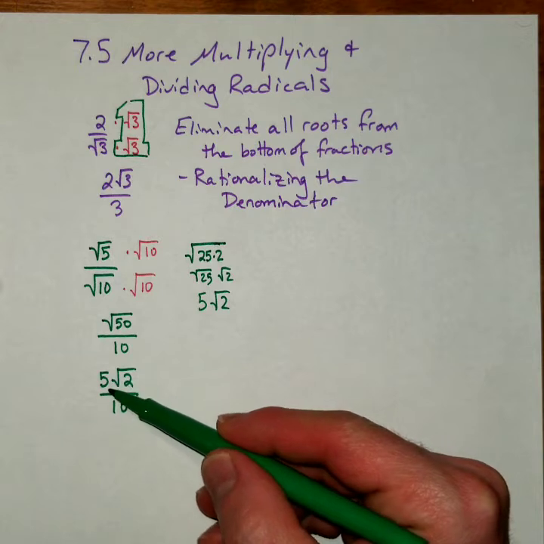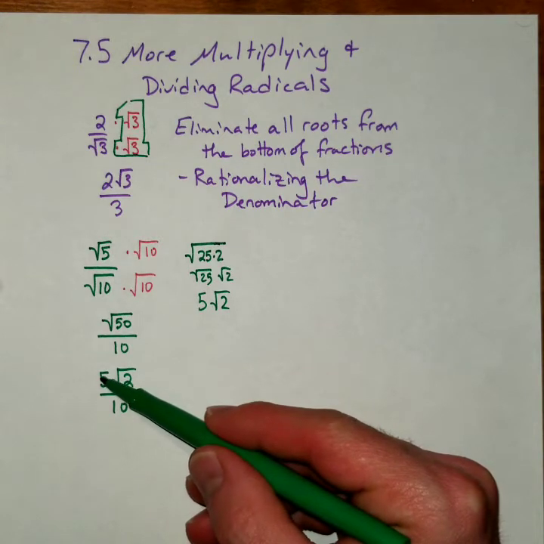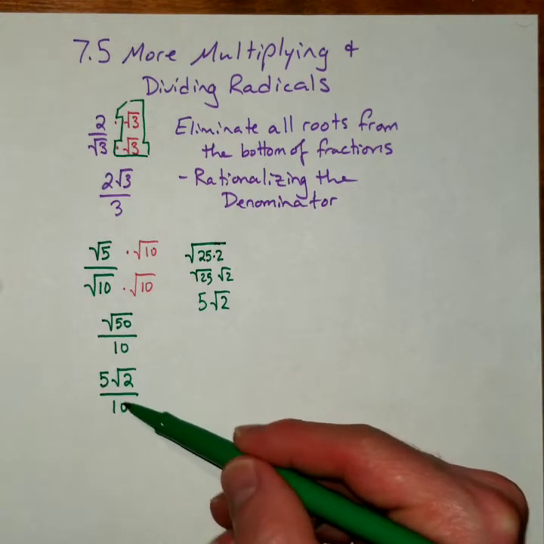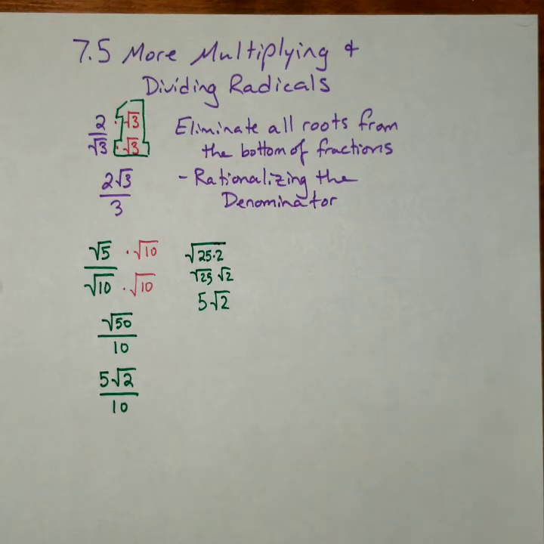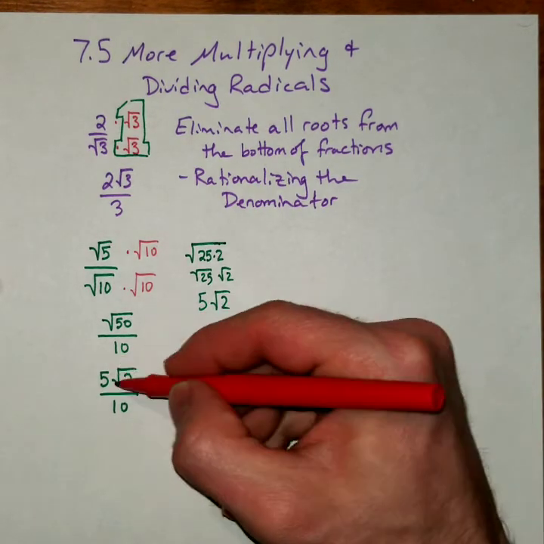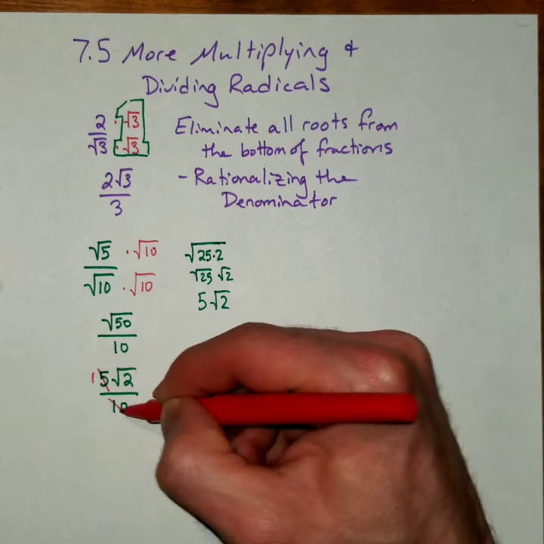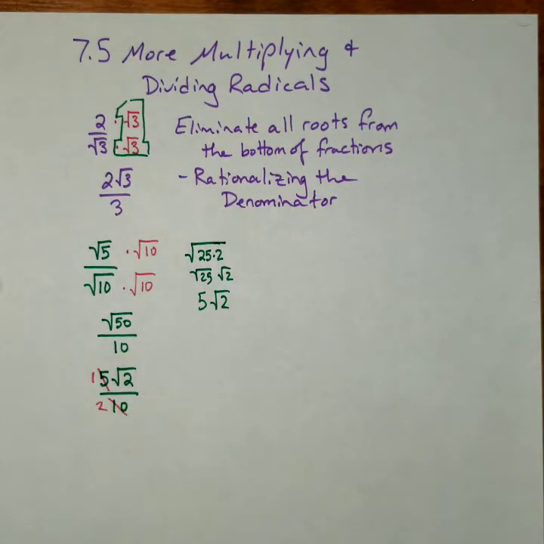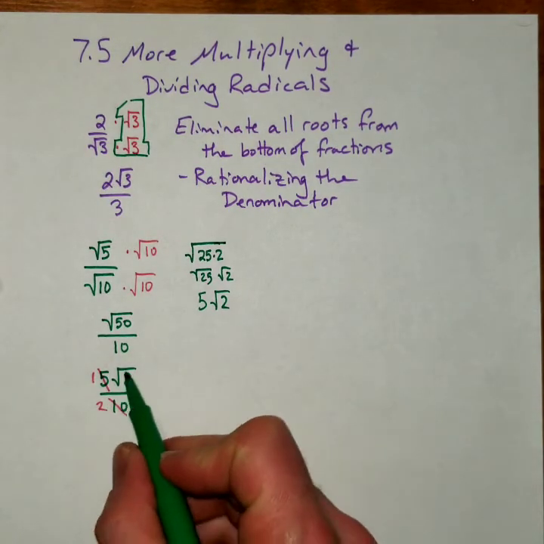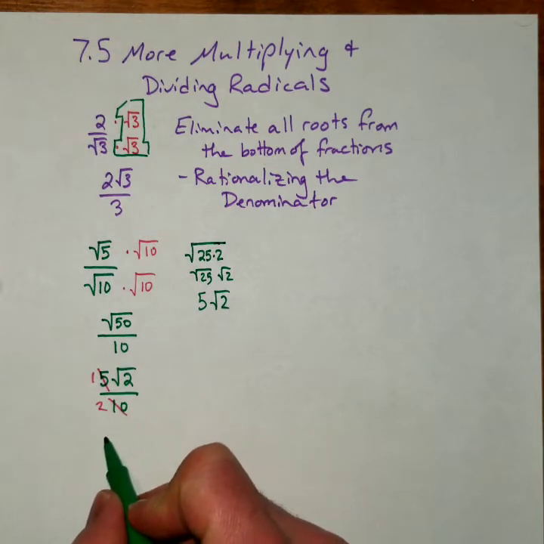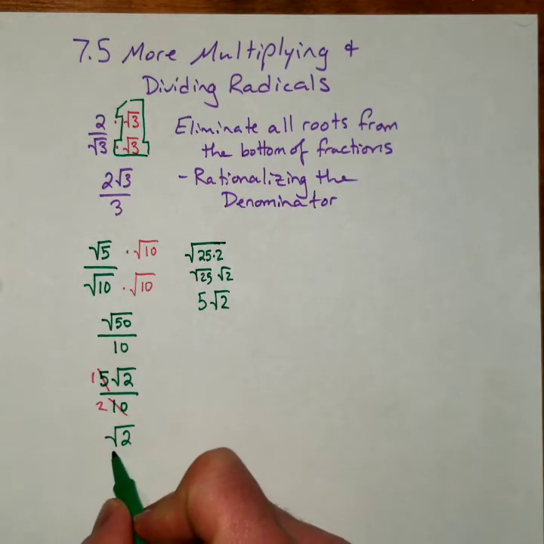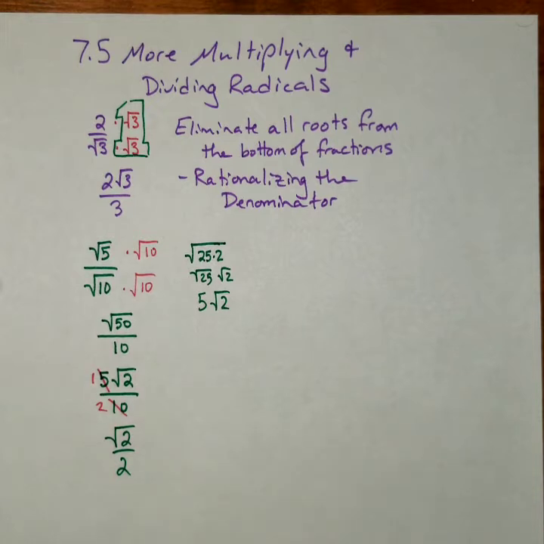Now if I cancel, I've got a 5 and a 10 both outside of a root, so they can actually be reduced. Divide this by 5, you get a 1. Divide this by 5, you get a 2. And the final answer then would be the square root of 2 over 2. Okay, so that would be the simplified form.